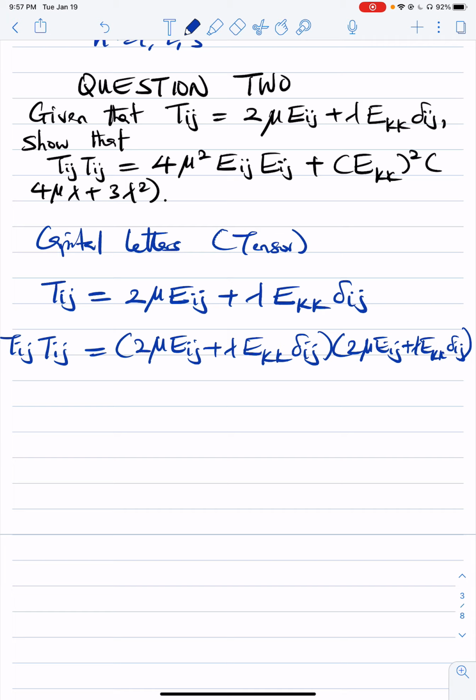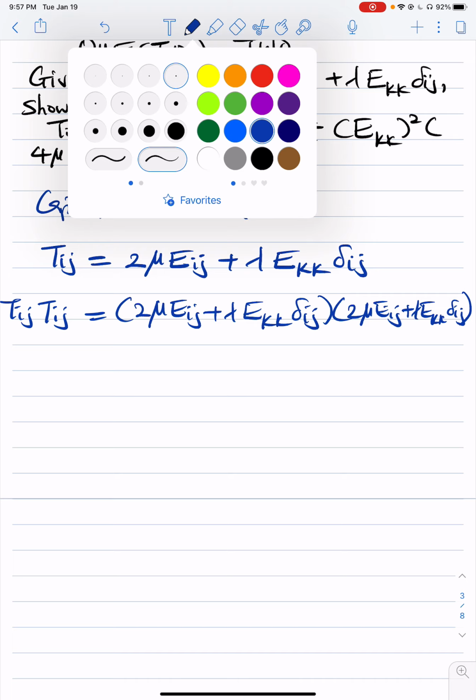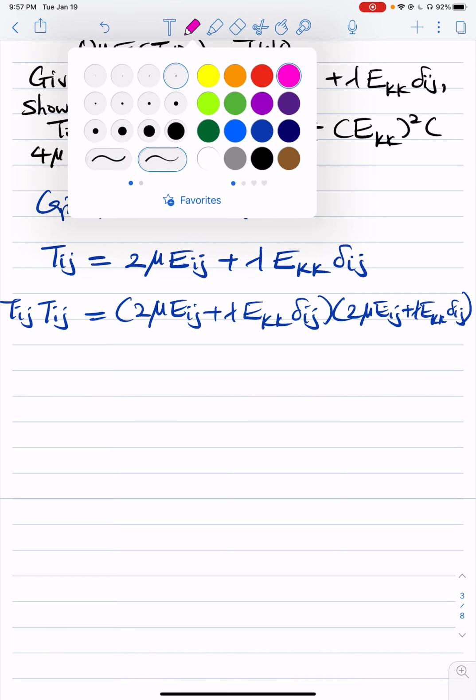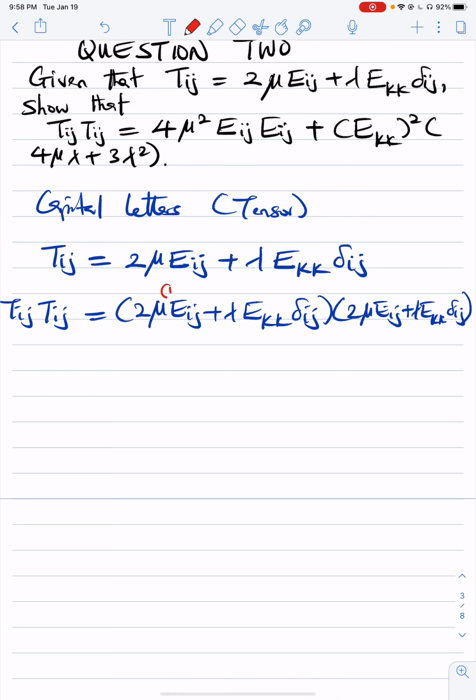I hope this is clear. So what we need to do now is to expand them accordingly and see what we get. Now, let me give some context and numbering to this so that it does make sense. 1, 2, 3, and 4.